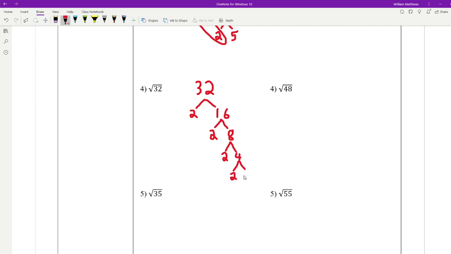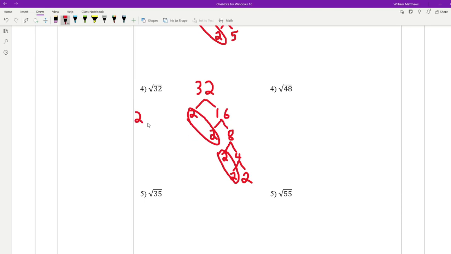And the last piece is 2 and 2. Now in this case, all the numbers are 2, but if we match them all up, we have one pair, two pair, and then we have an extra 2. So even though our 2's paired up, we still have that extra value.